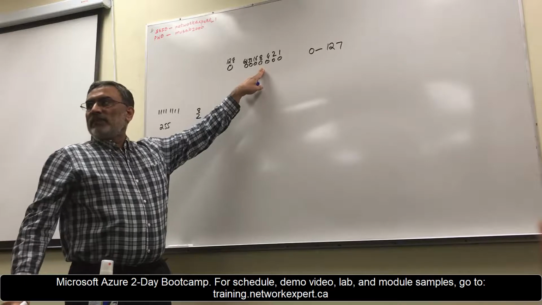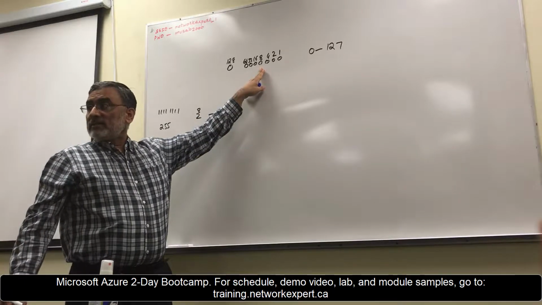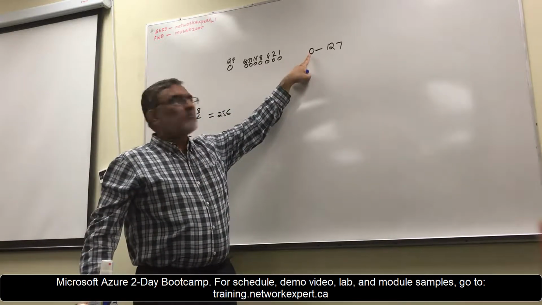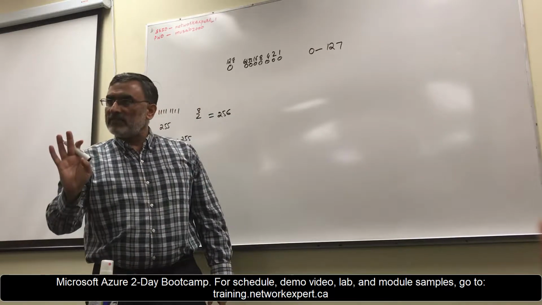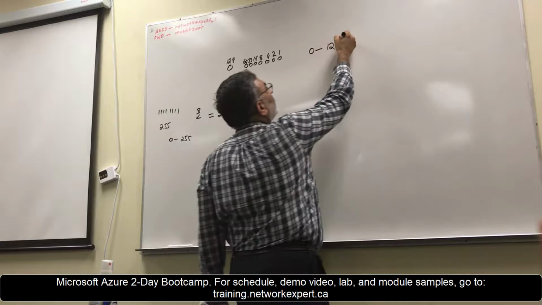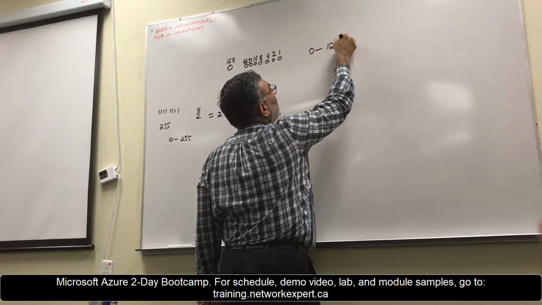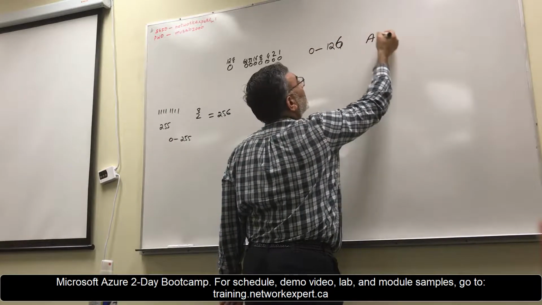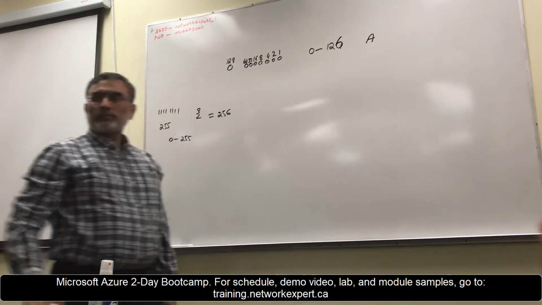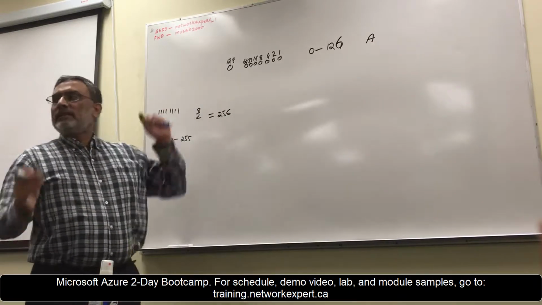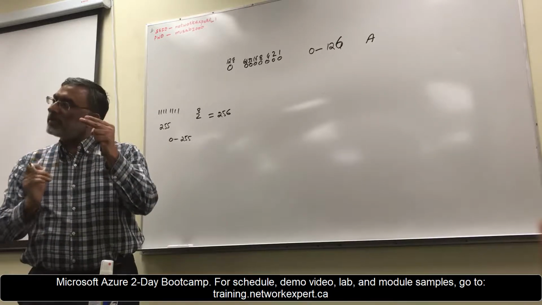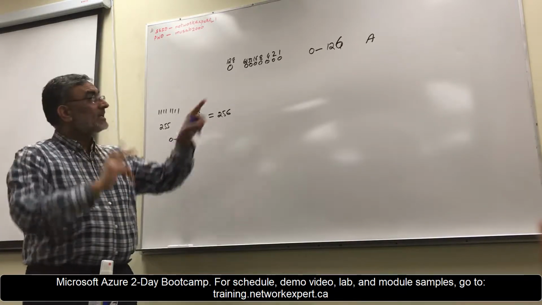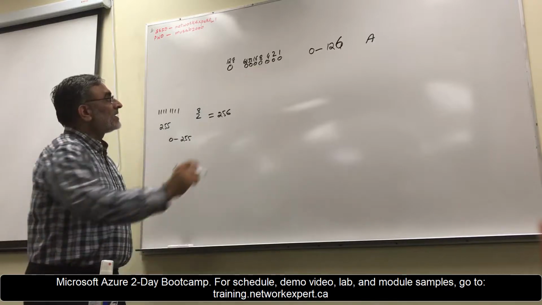So 2 raised to power 7 will give you 128, and the possible numbers will be 0 to 127. Okay, 127 is reserved, so they say from 0 to 126 is A class address. Based on this rule, they are categorizing addresses into different classes. A class is from 0 to 126.